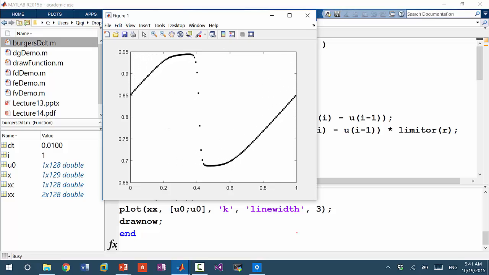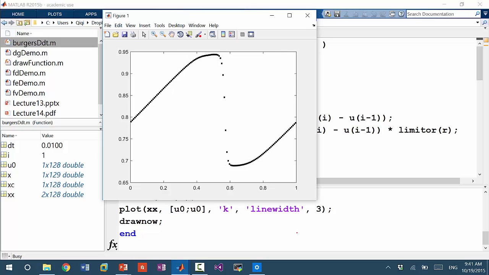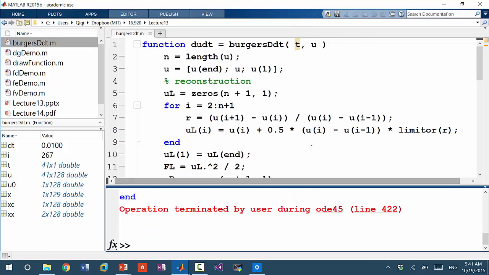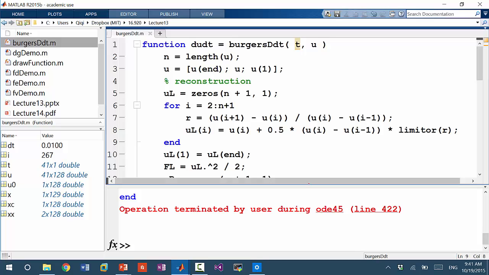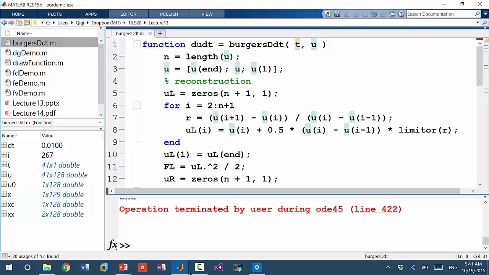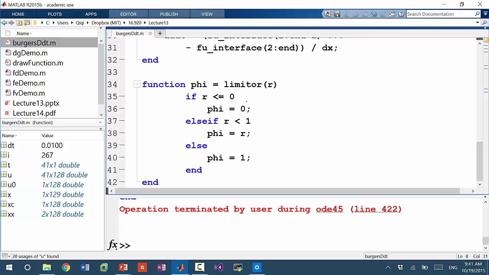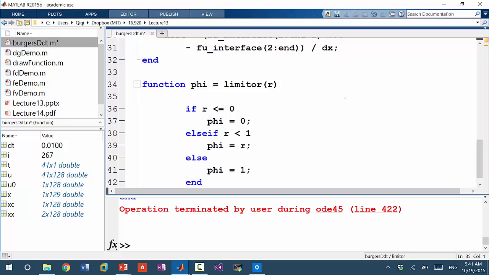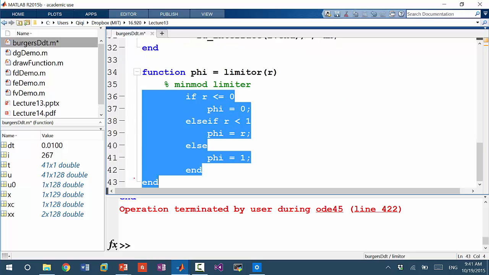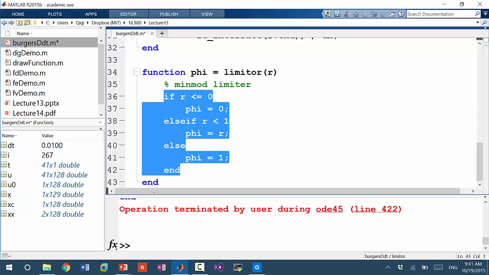Suppose we want to change to a different limiter. What do we do? What should we do if we just change to a different limiter? We only need to change this function, right? For example, this is the minmod limiter.